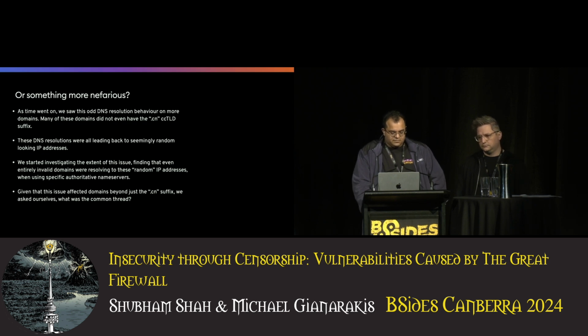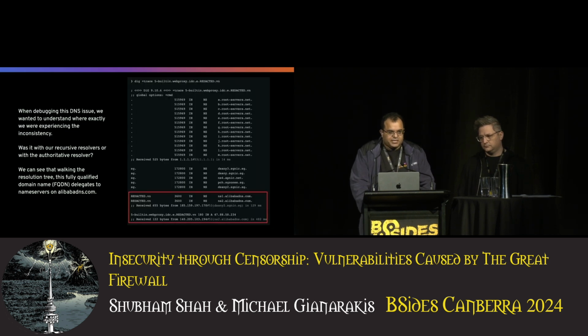But we asked ourselves, did this issue affect anything more than the .cn suffix, and what was the common thread here? What led to this DNS poisoning that we were seeing? So we started debugging this. We started looking at the responses coming back from some of these resolutions, just to see exactly where this was coming from. We asked ourselves, is this with the recursive resolver or the authoritative resolver?